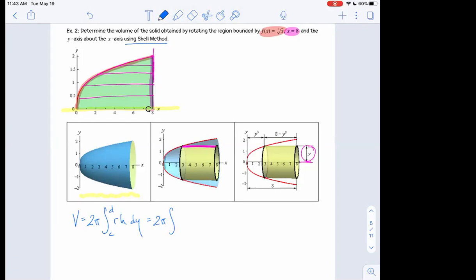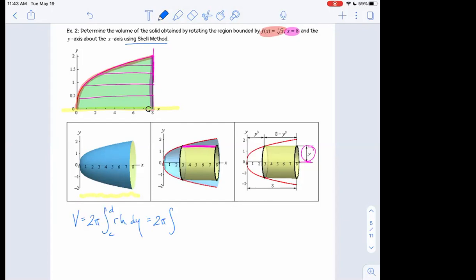What are my C and D values going to be based off of the pictures that we have there? Is it 0 and 2? 0 and 2, really good.